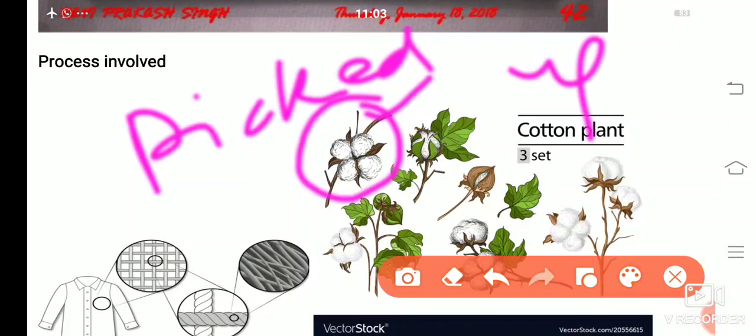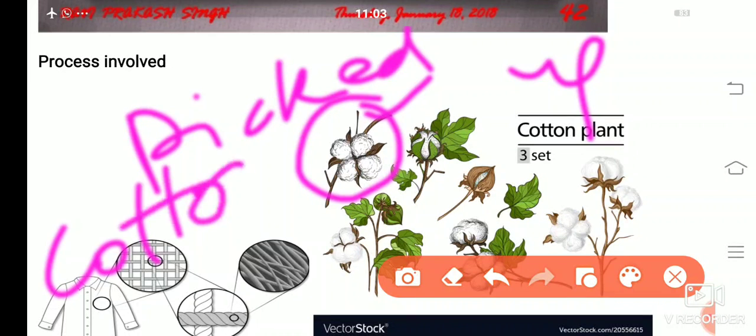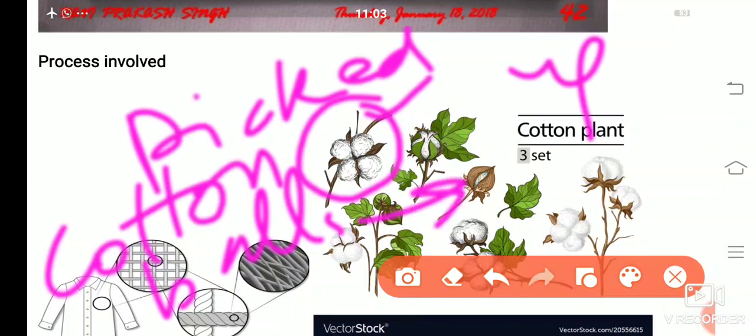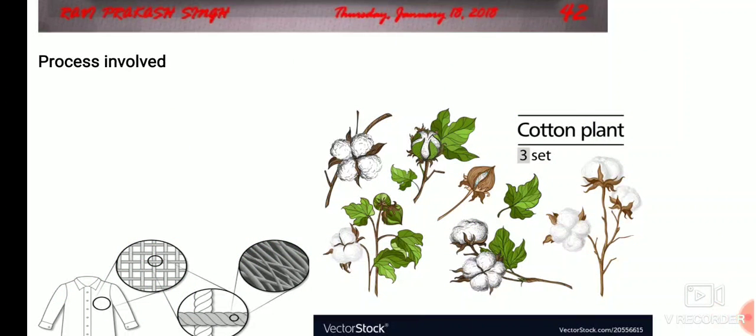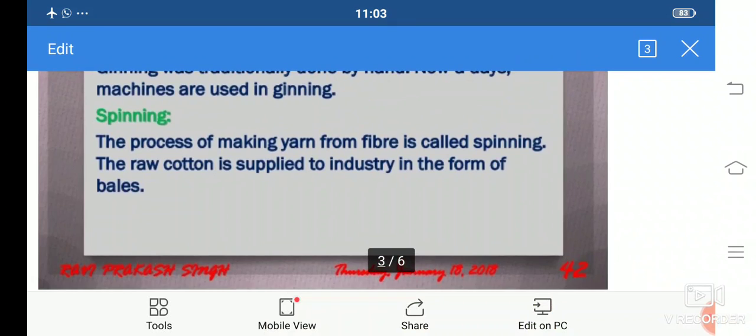Inside these balls there are seeds. So seeds have been separated, right? The separation of seeds from cotton balls is known as ginning. Clear, students?